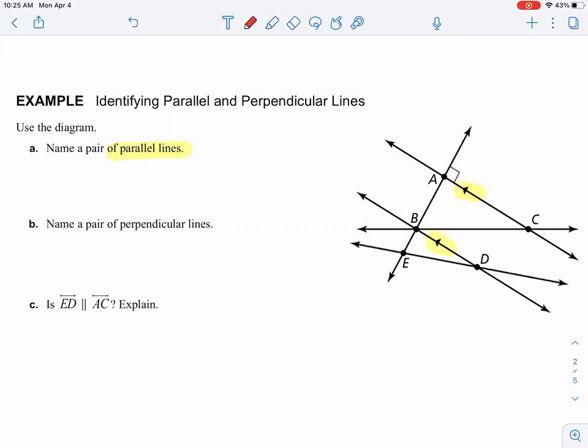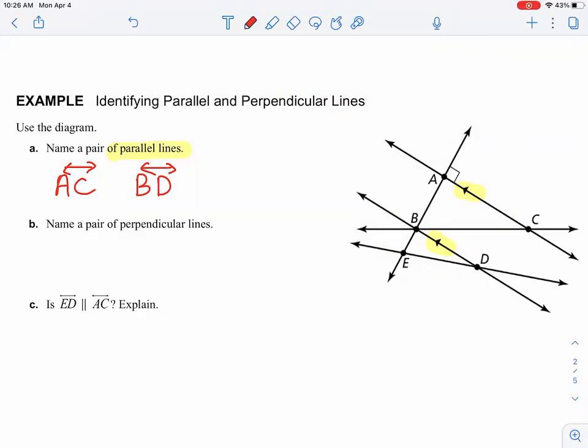But because line AC and line BD have arrows on them, we could say that that is a pair of parallel lines. So we would say AC and BD. And again, they have to have these arrows on them to show that they are parallel.